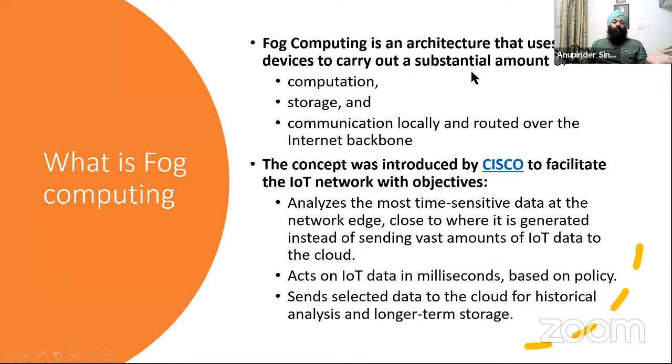So what exactly happens is that fog computing brings in an architecture where edge devices carry out a substantial amount of your computation, storage, and communications, to be done locally as well as to the remote resources which are sent through the internet backbone.